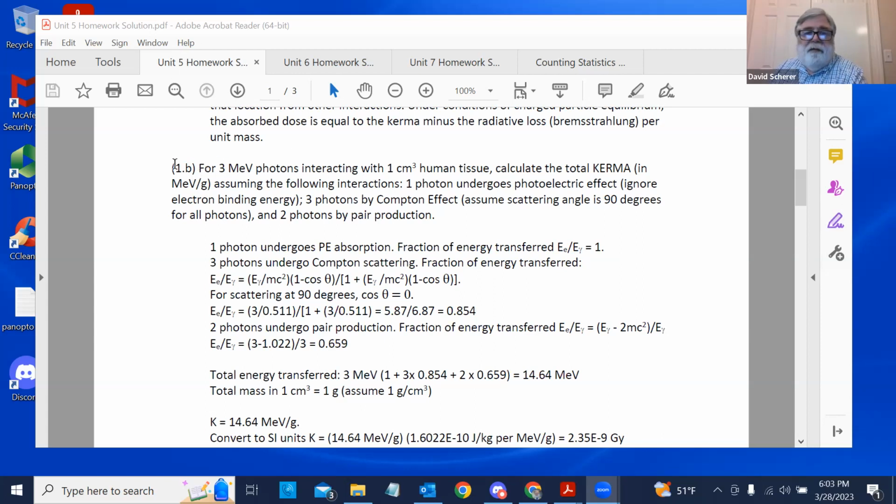Okay, so one of the problems we did in unit 5 said that if you have these several 3 MeV photons, they interact with 1 cubic centimeter of tissue, etc. And it wanted us to calculate the total Kerma.